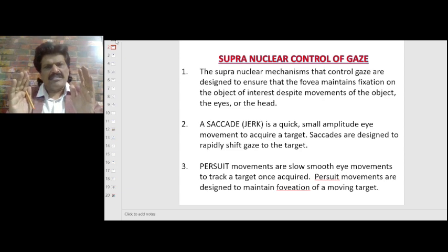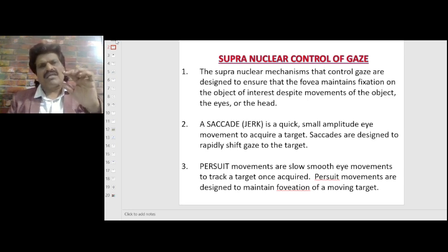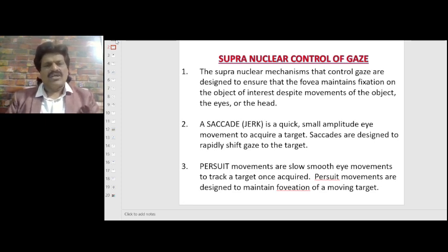So basically for eye movements we have three types. The supranuclear eye control, that is the pathways above the third, fourth and sixth cranial nerve nuclei. Then we have the internuclear pathways connecting the third, fourth with sixth, known as the medial longitudinal fascicles. Then we have the infranuclear pathways, that is the third, fourth, sixth cranial nerves. So when we approach an eye movement disorder, we should see whether it is supranuclear, internuclear or infranuclear.